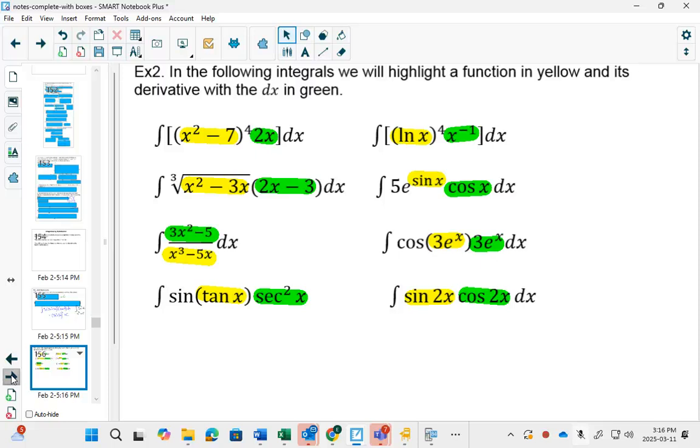So in each of these integrals, what I looked for in yellow was where I had an original function and then its derivative happened afterwards. Because that's what happens in the chain rule. When you have a function inside of another function, you do the outside function first, and then you multiply by the derivative of the inside function.